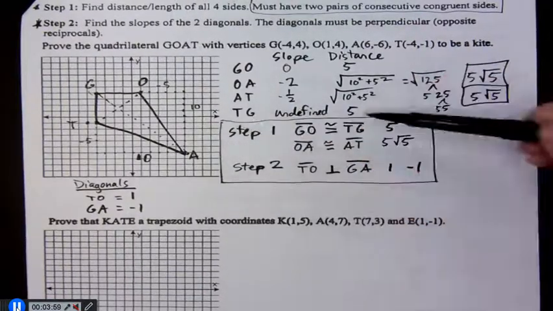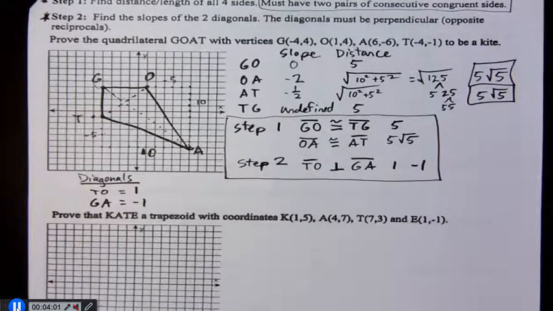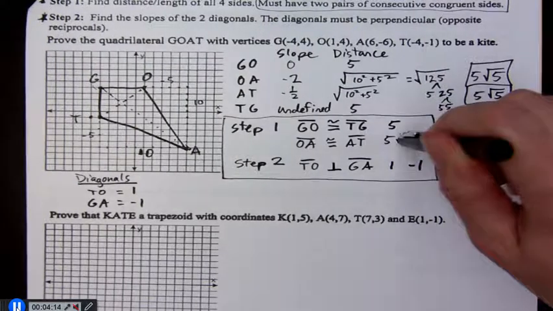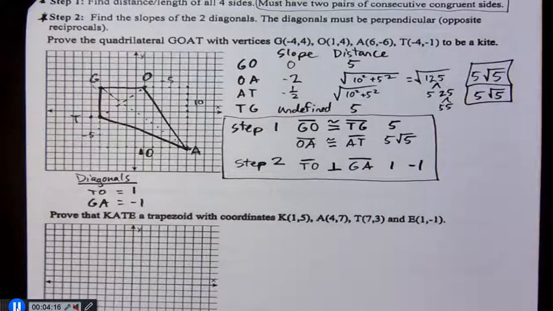Why do you think I have to write these statements to prove it's a kite and not something else? Because I want you to be confused. It's not the same thing as the other one. If I just said 2 sides are the same, 2 sides are the same, what other shape could it be? It could be a rectangle. It could just be a parallelogram.